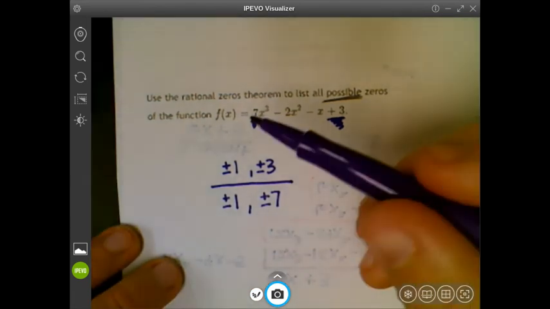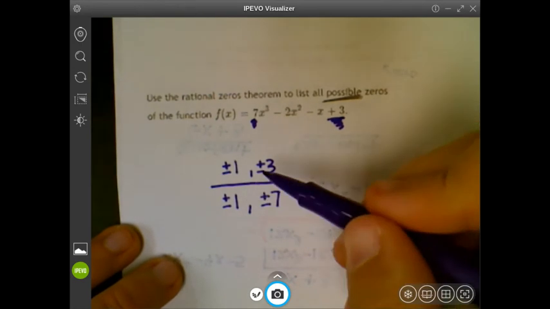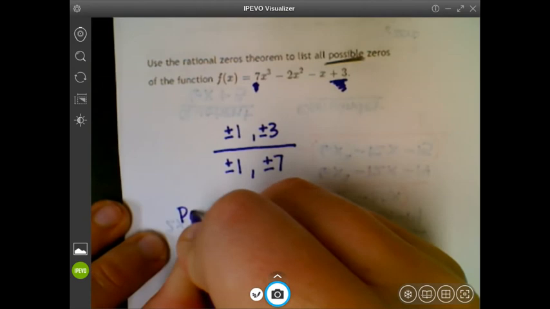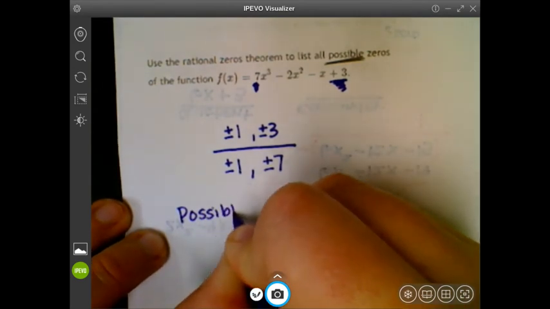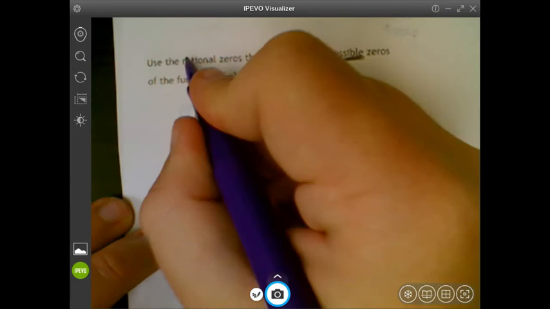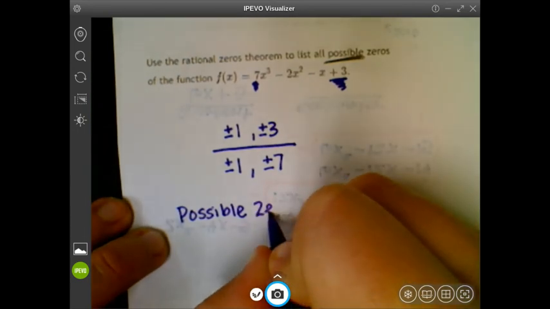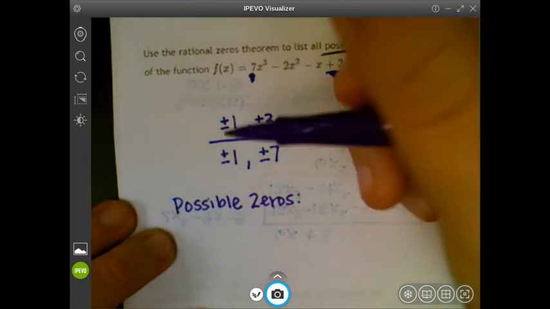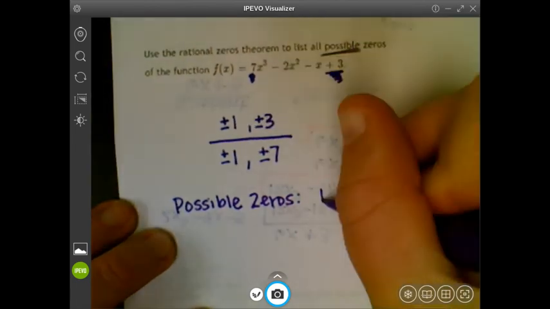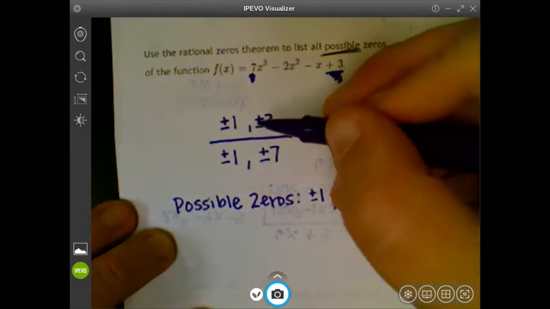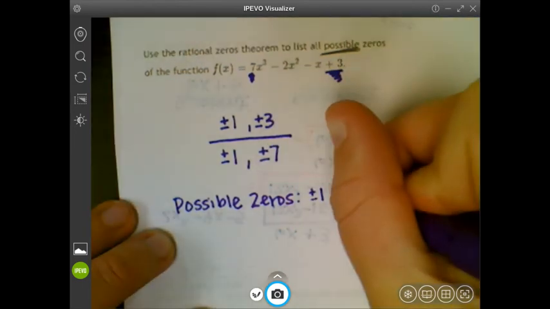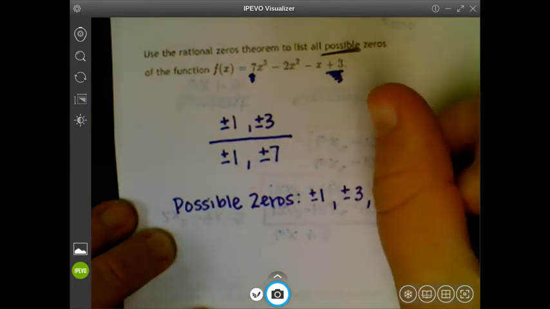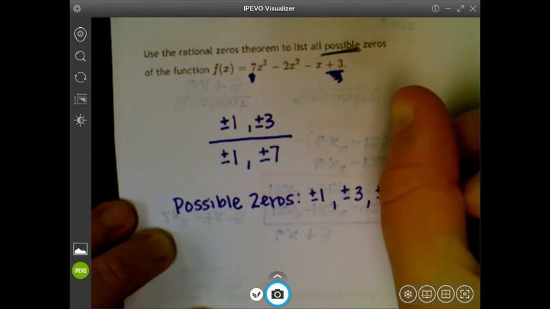And so the rational zeros theorem says when you do the division for each of these, that will make your list of possible zeros. They are considered rational numbers, which is why it's a rational zero. Here are the possible zeros for this polynomial, possible places where it crosses the x-axis. 1 divided by 1 is 1, so plus or minus 1. 3 divided by 1 is 3, so plus or minus 3. 1 divided by 7 is 1/7, so plus or minus 1/7.